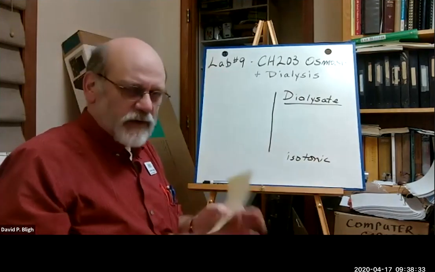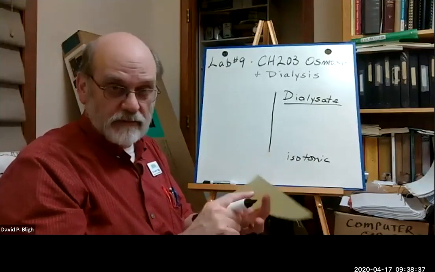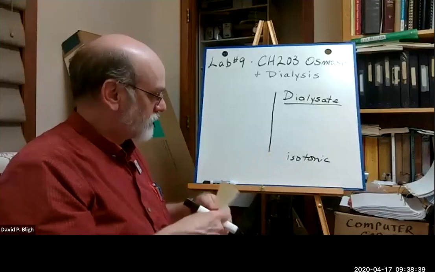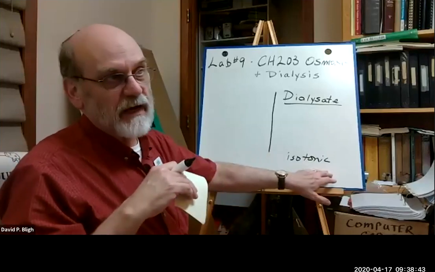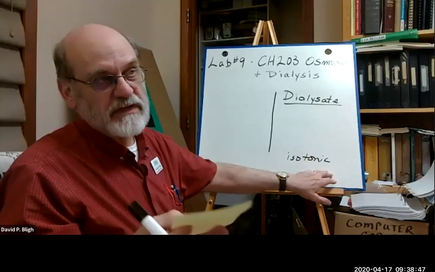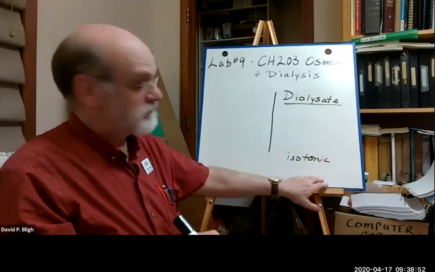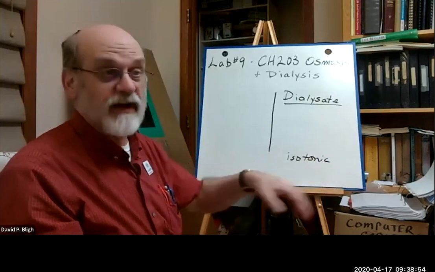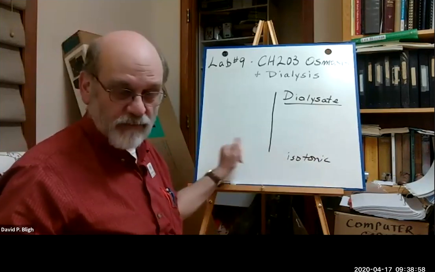Right? So now we're talking about tonicity in terms of multiple components. So it's isotonic with respect to any of the ions that they identify as electrolytes. So the electrolyte concentration is the same on both sides.